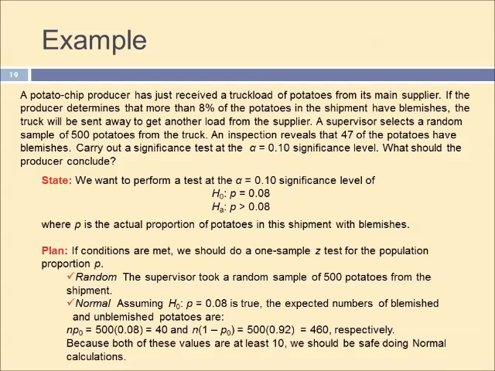Because both of these values are at least 10, we're safe in doing normal calculations. Notice the formula there, n times p0. So if we have 500 in a sample, we multiply by our hypothesized proportion 0.08.